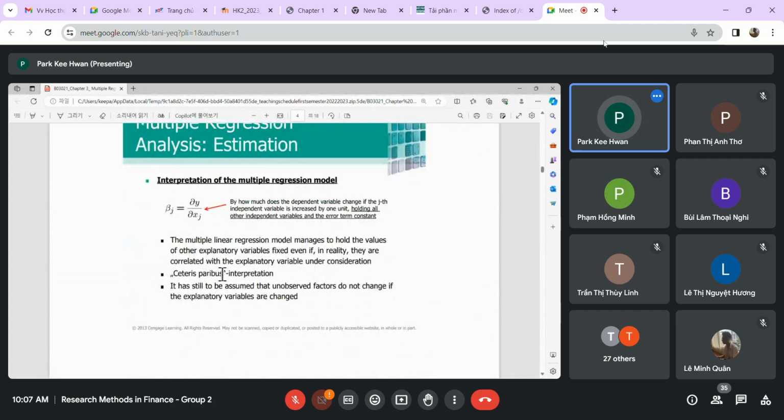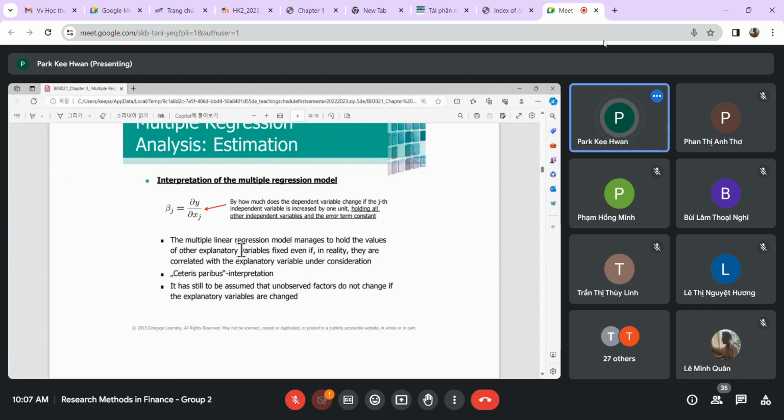So by having multiple linear regression, we could manage to hold the value of other variables fixed. So that is the second good thing about the multiple regression. We can hold all other variables fixed.